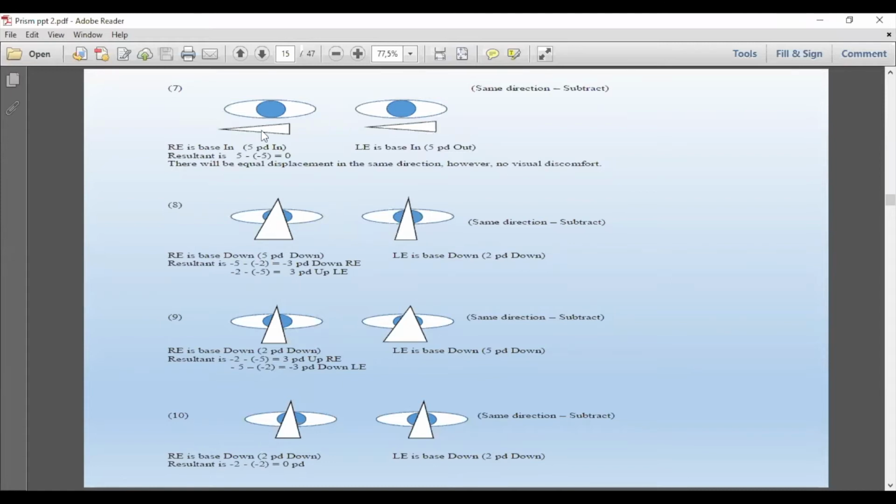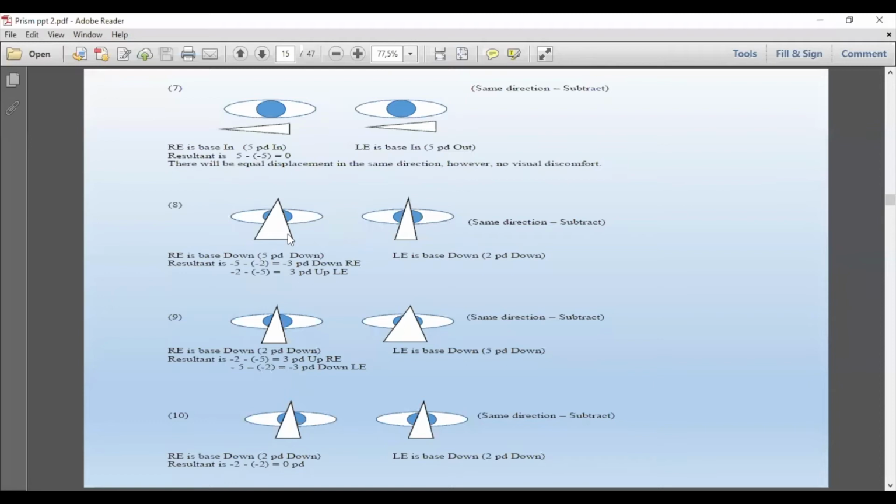So although there's an equal displacement with both eyes, there's no visual discomfort and no prismatic effect. There's a difference between visual displacement and prismatic effect. So your prismatic effect here is going to be 0. As I've written there, there will be equal displacement in the same direction, however, no visual discomfort.